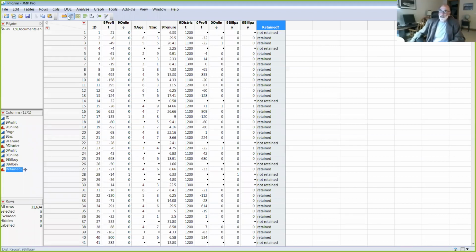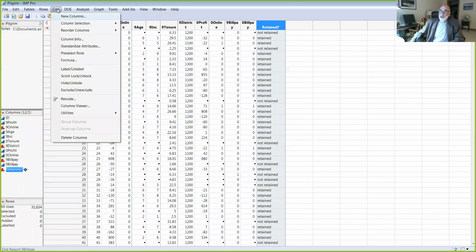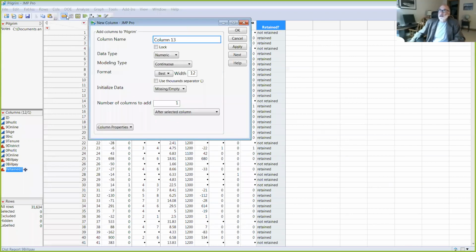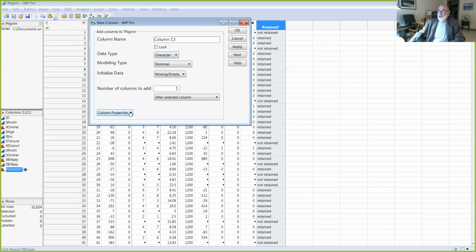To set it up for validation, you can go into column, new column. And let's make it character nominal.